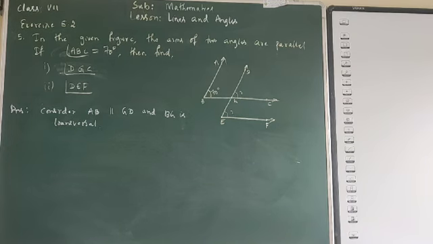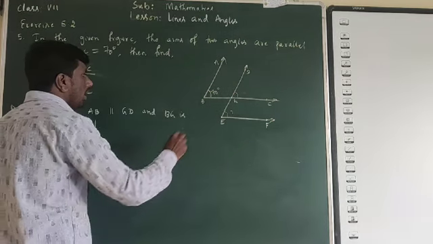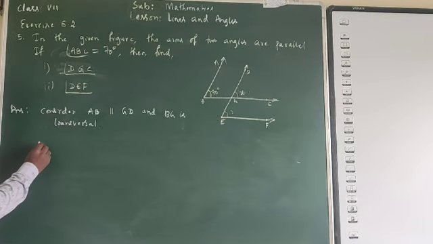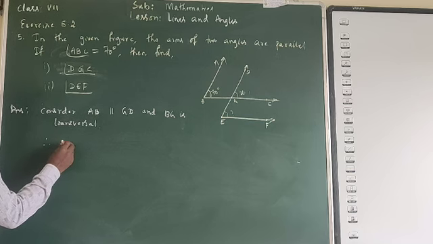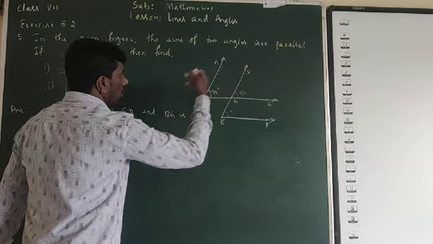Okay. So AB is parallel to GD and BG is transversal. So let me call this PX. Therefore, I'll write angle DCG only.